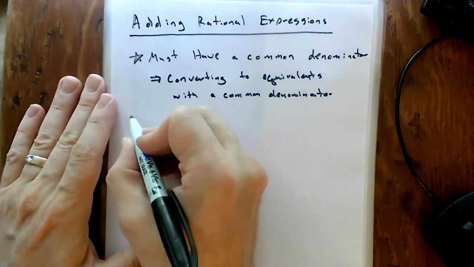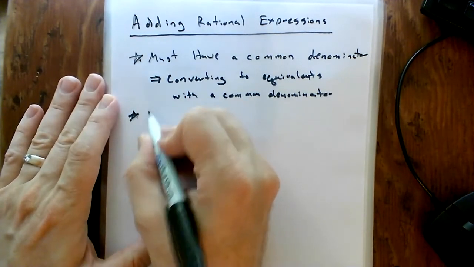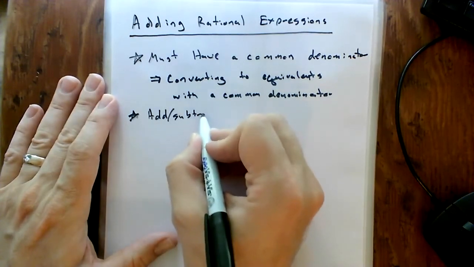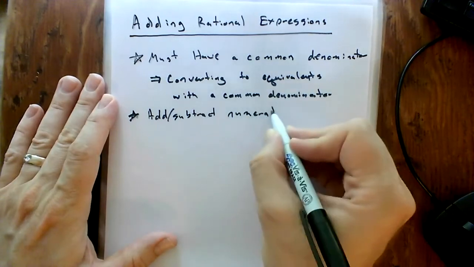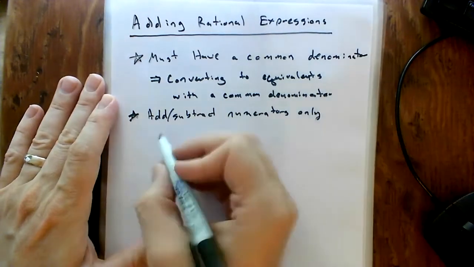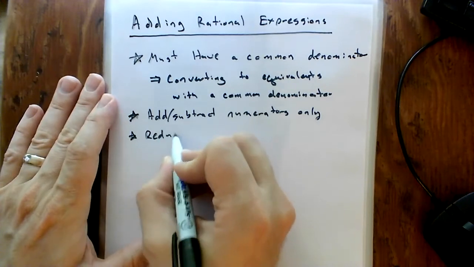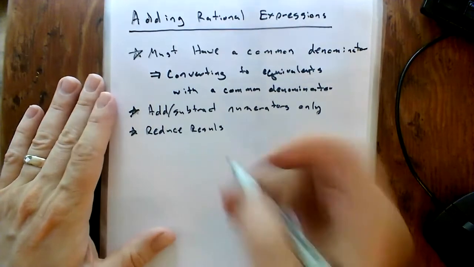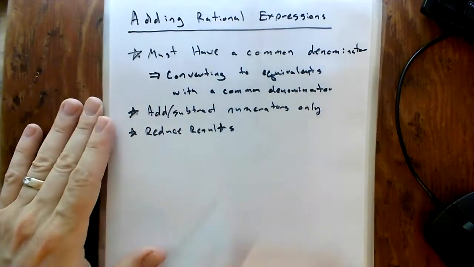And then when we add, remember, we're going to simply add or subtract the numerators only. And of course, at the end, we're going to reduce the results. I can spell too. So we're going to reduce our results at the very end.